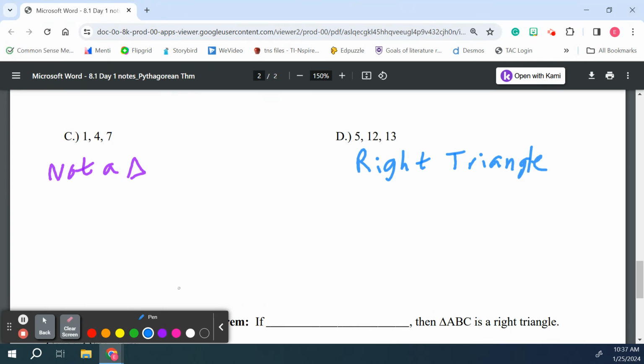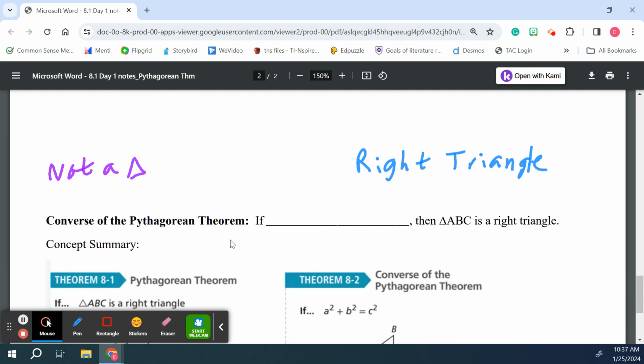All right, let's take a look at this next part. So it says the converse of Pythagorean theorem. It states if a squared plus b squared equals c squared, then triangle ABC is a right triangle. So we have the Pythagorean theorem that helps solve one of the sides of the triangle. The converse helps to prove that it's a right triangle.